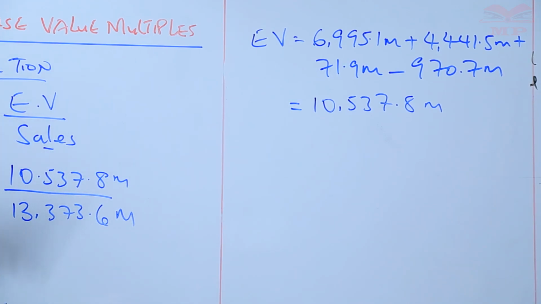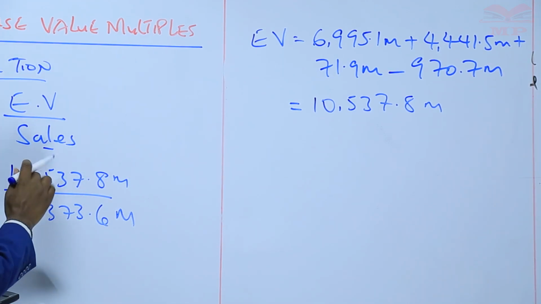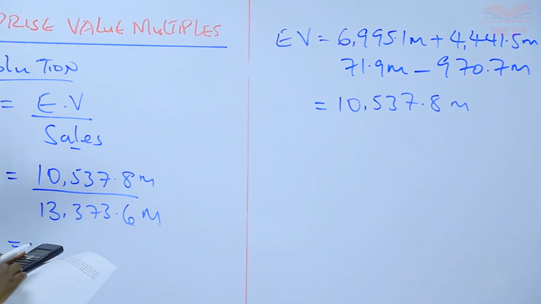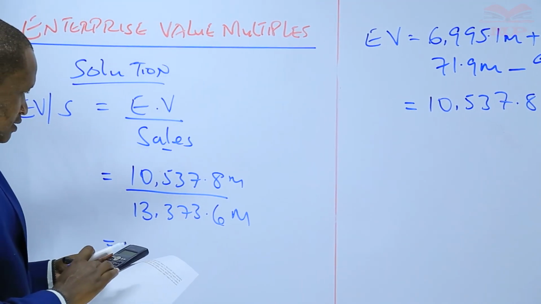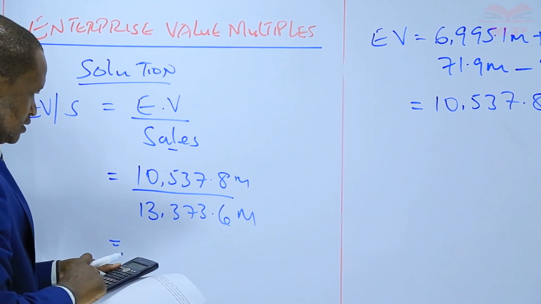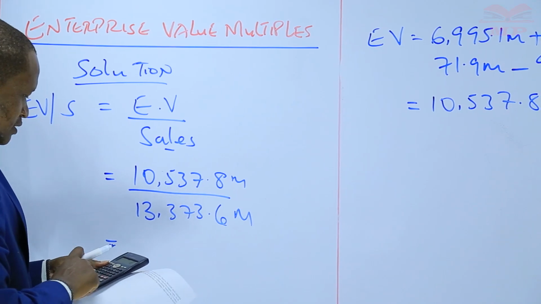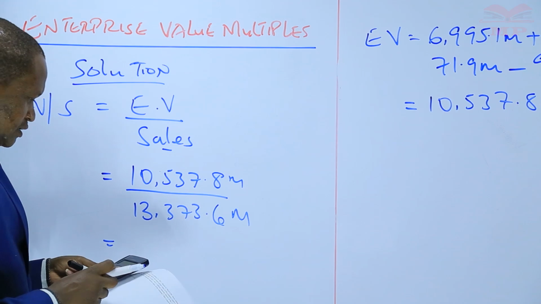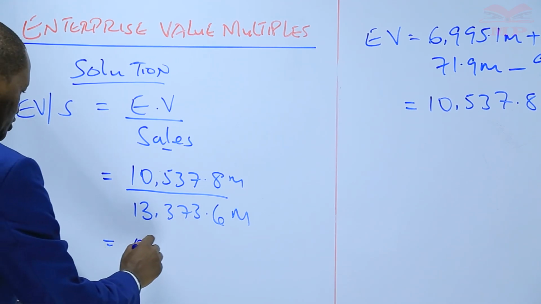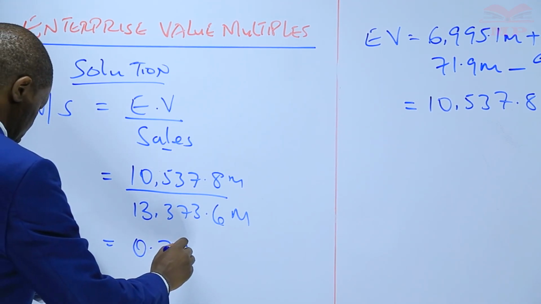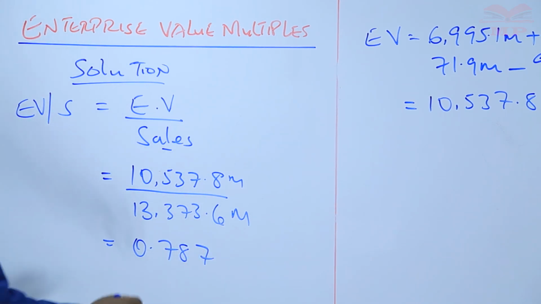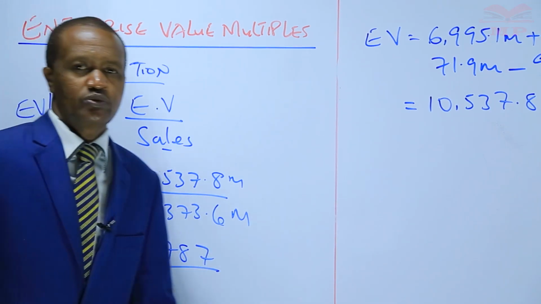This will be equal to 0.788. That is the enterprise value to sales ratio.